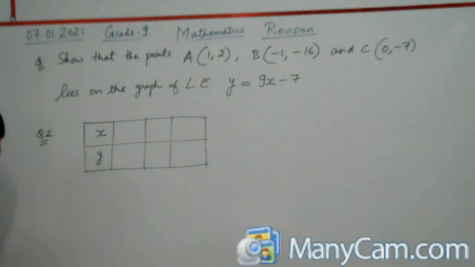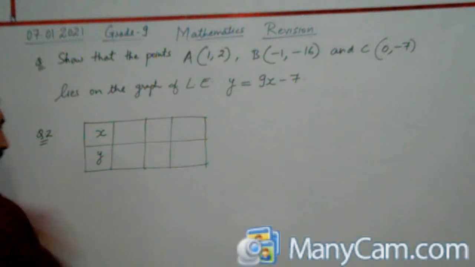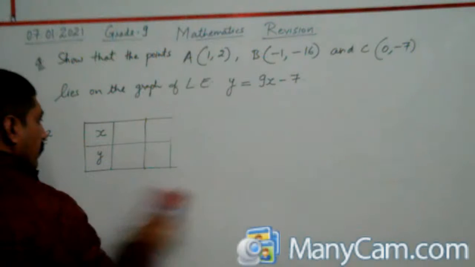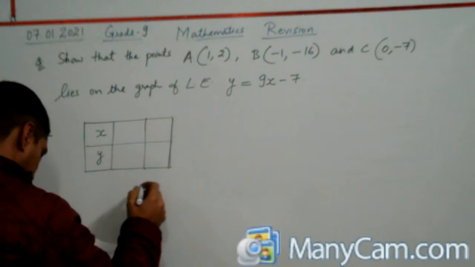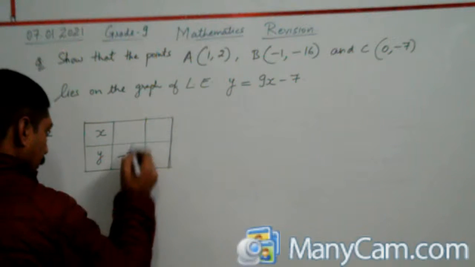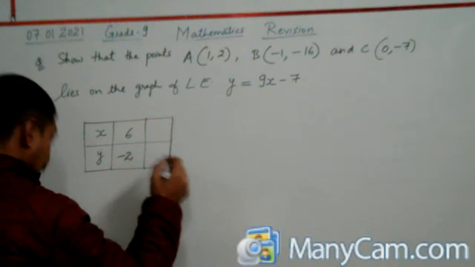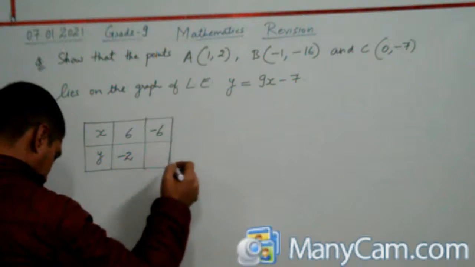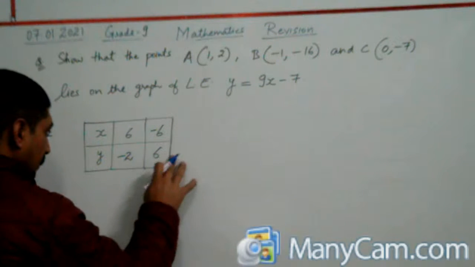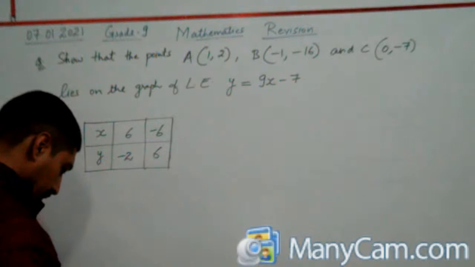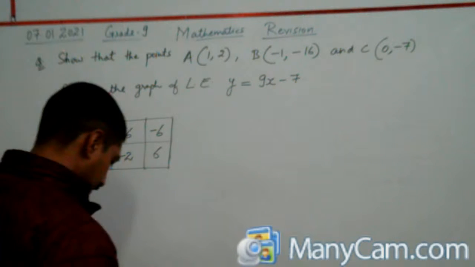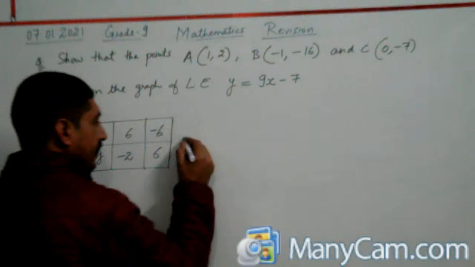With x, y values minus 2, 6 and minus 6, 6, write the linear equation.